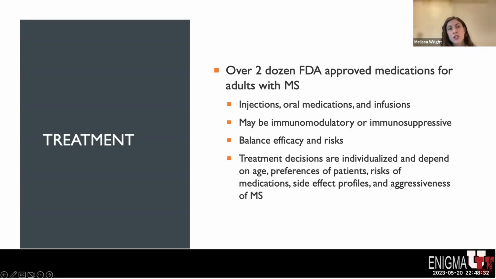However, if we have patients that have a high lesion burden or significant residual neurologic symptoms, we might discuss starting a higher efficacy medication that will be immunosuppressing, but likely more effective in controlling the multiple sclerosis.